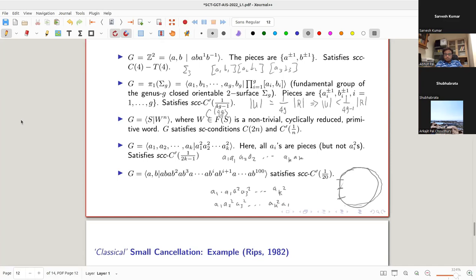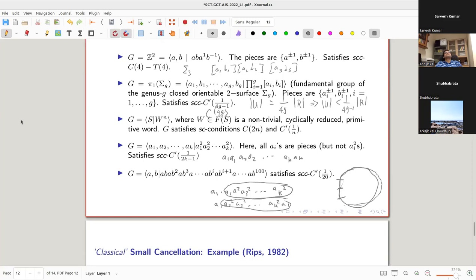So the two other words, V1 and V2, will be different. So I have two different ways this subword is appearing in my symmetrized relators. And this is not happening for any other subword.